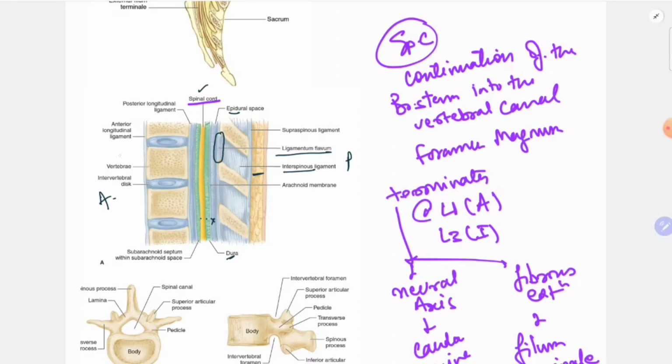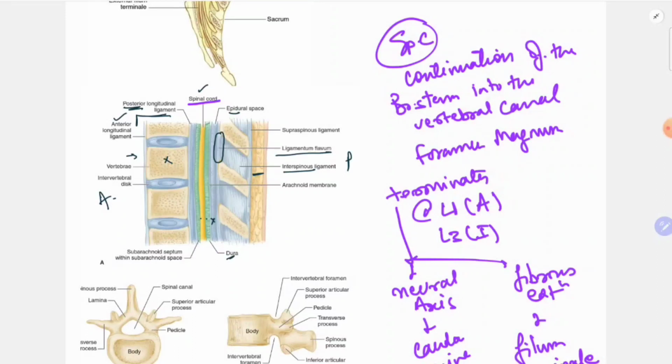Now anteriorly we will have the posterior longitudinal ligament, and outside that we have the vertebral body, outside which there will be the anterior longitudinal ligament. So these form the anterior elements of the vertebral column, the body and the anterior longitudinal ligament.